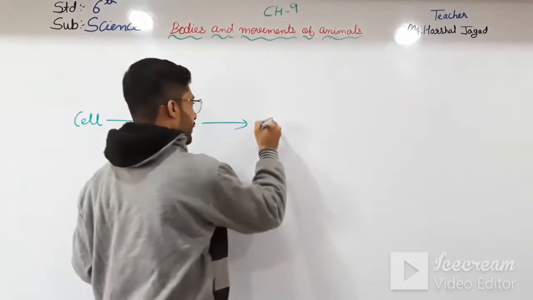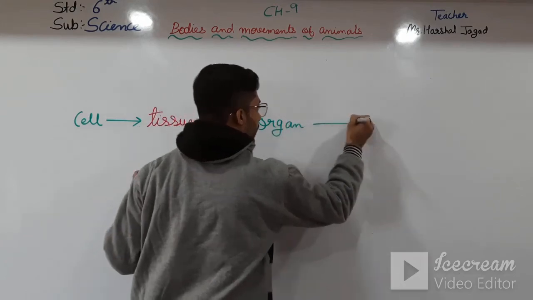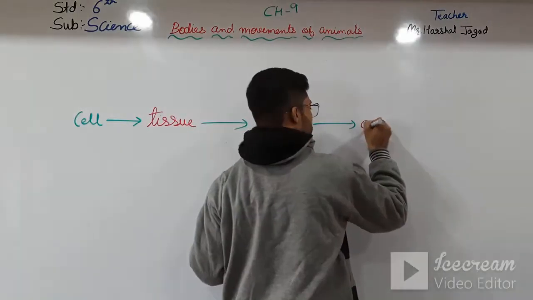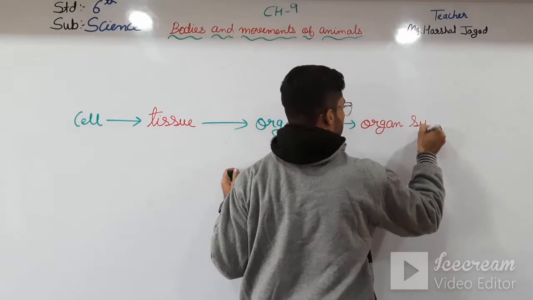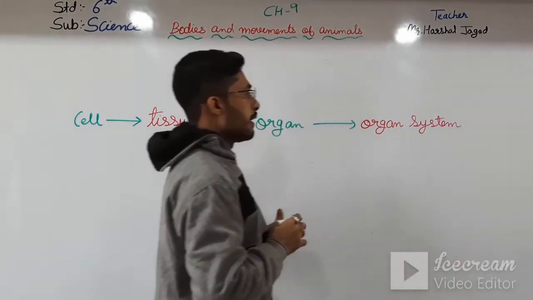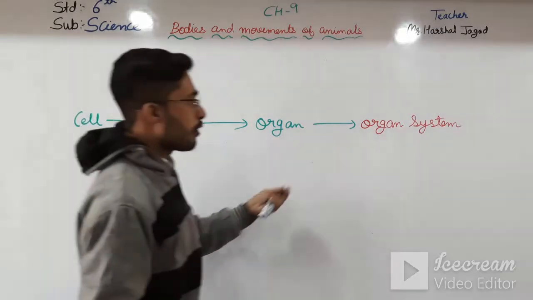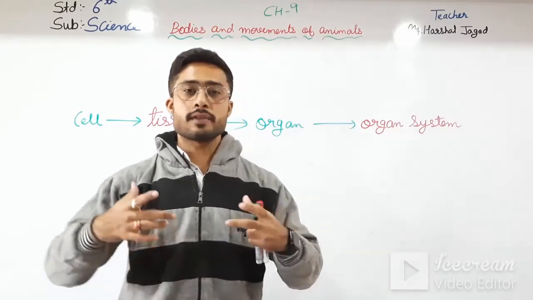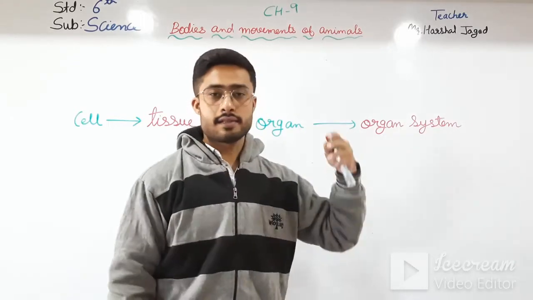An organ. And many organs combine and form an organ system. Together the organ systems form our body, and the life processes are run by the organ systems.